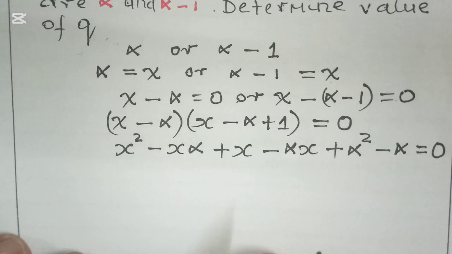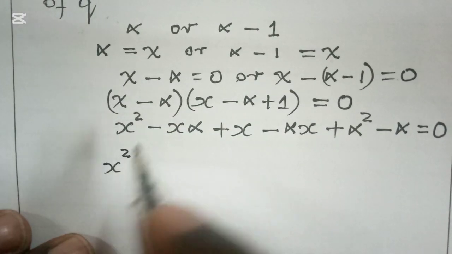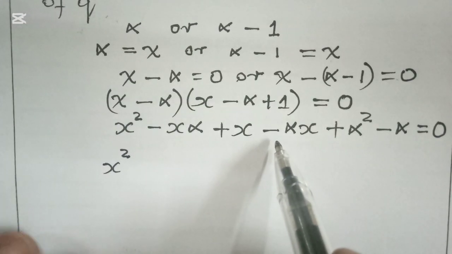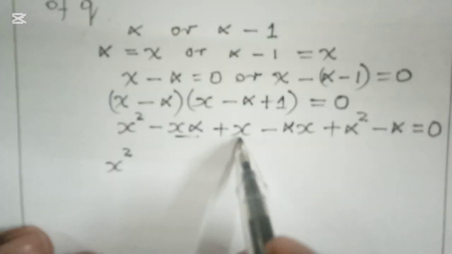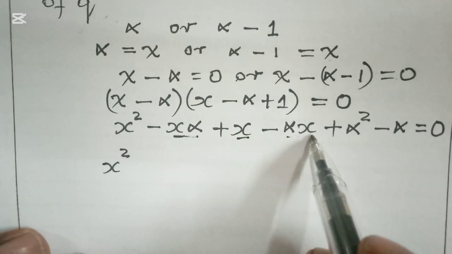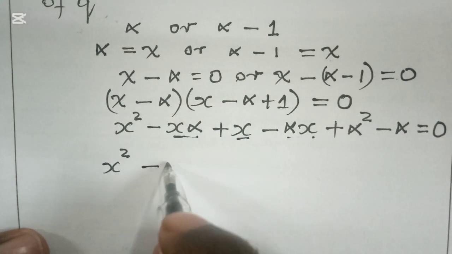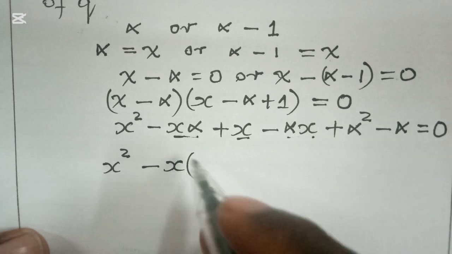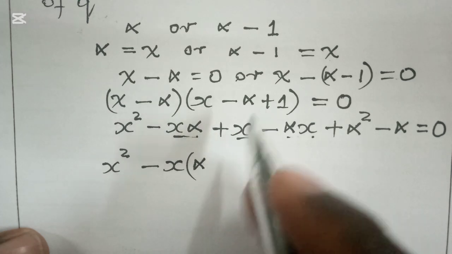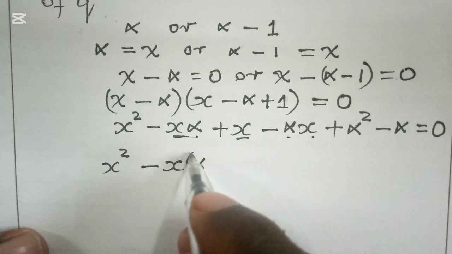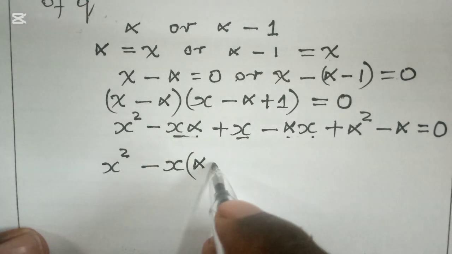We shall have, maybe I can skip one line and write here x squared. We can now factor out whatever has x. Here we have this term, this term, and this term. So we can factor out the x. So this is now going to be minus x, and then we have alpha there. Then, because of this bracket we have put, we shall have to change this plus to be minus.